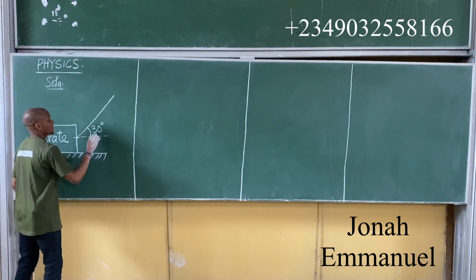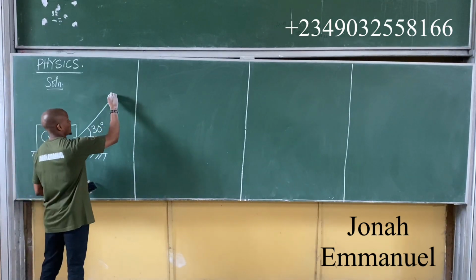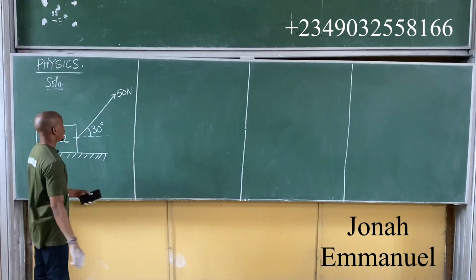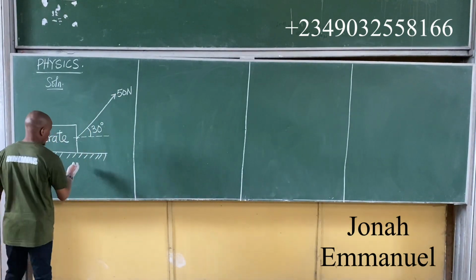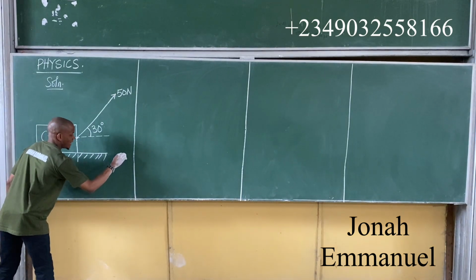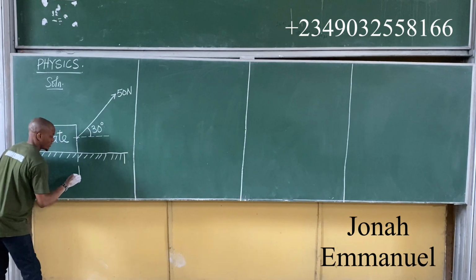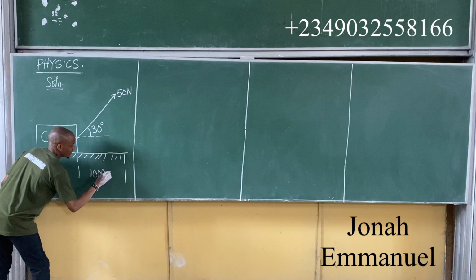What's the tension in the string? 50 newton. They asked, what work have you done in moving this a distance of 1000 cm? So let's say from here to here is 1000 cm.